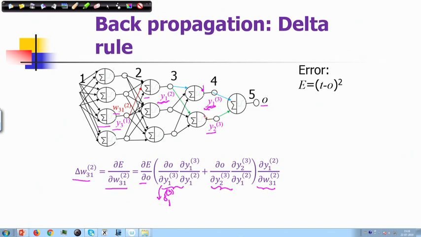Similarly, the gradient at this point will be denoted as delta 2 3.